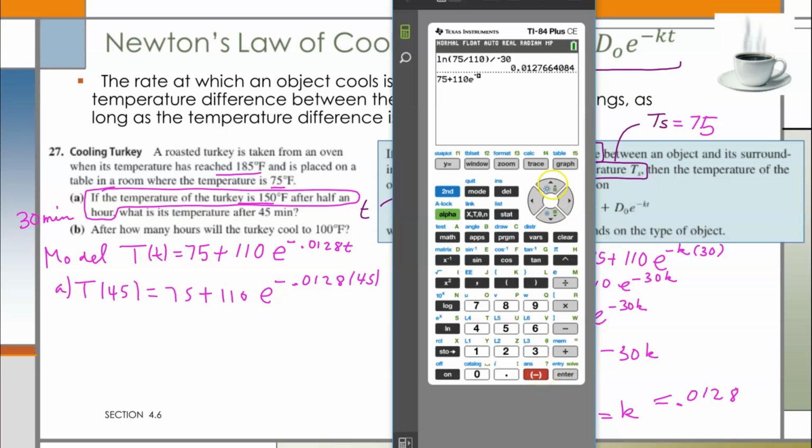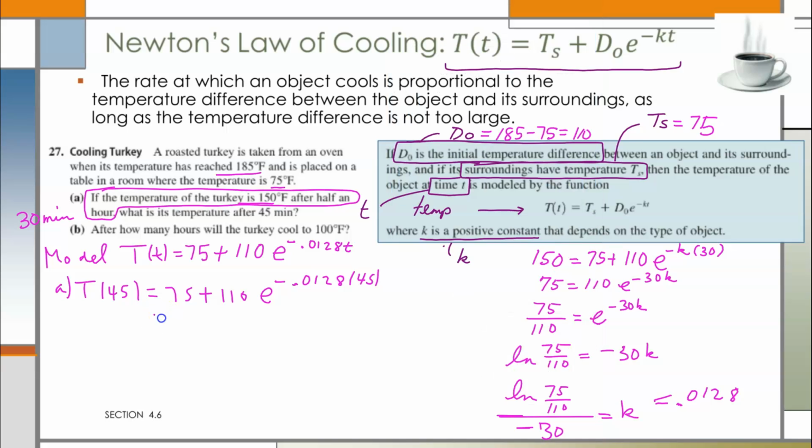In some calculators you can just highlight and hit enter and it will bring it in where you need it. So times 45. And so after 45 minutes, our turkey temperature is 136.9 degrees Fahrenheit.